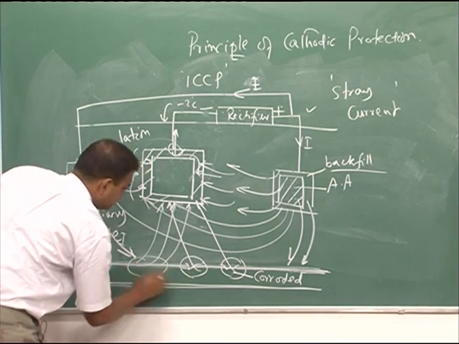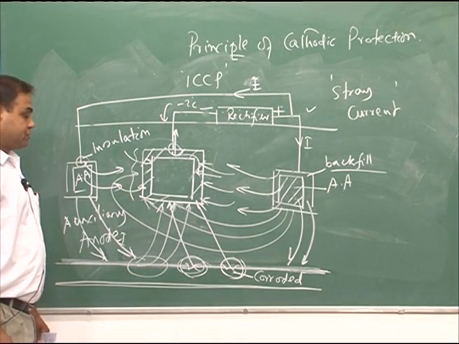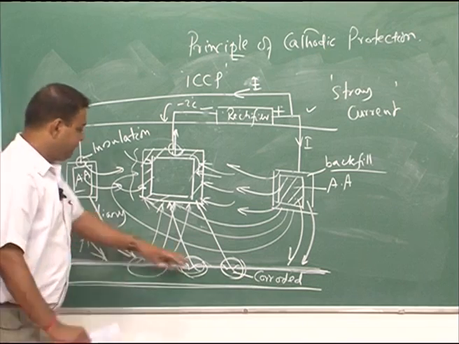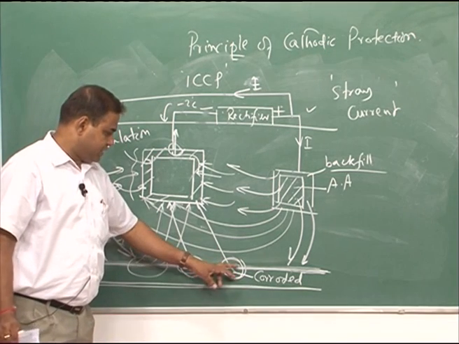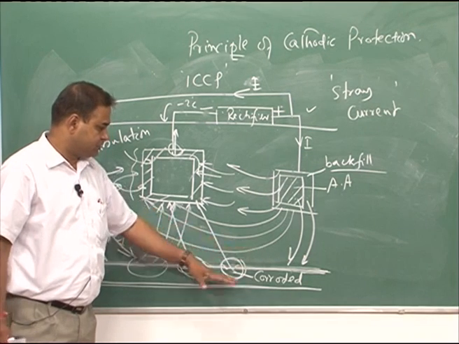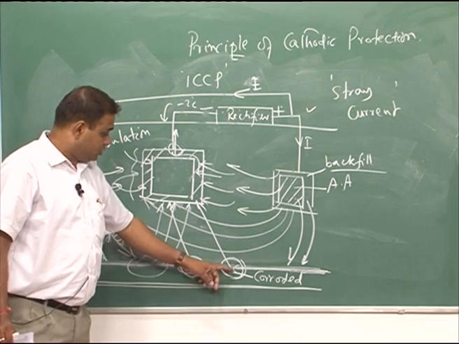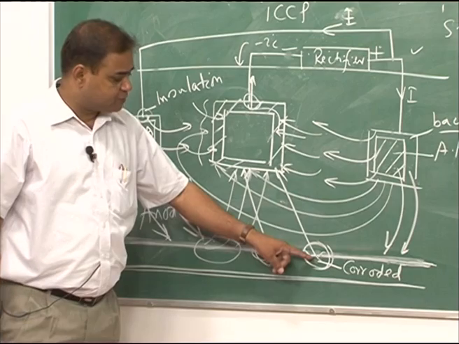So, these parts are vulnerable to corrosion. Now, if it is painted, and some part is exposed because of wear and tear, erosion, then this metallic surface is exposed.